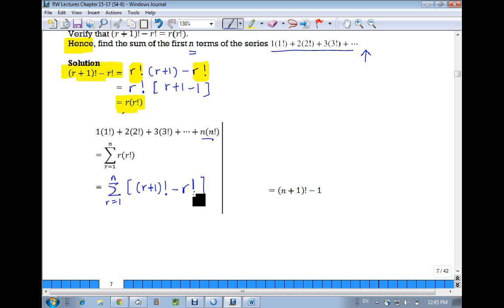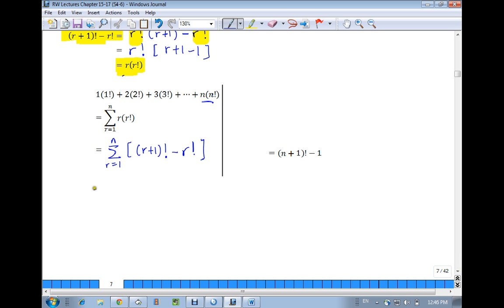If you are fast enough, you can write. No problem. Don't worry about it. You have 2 factorial minus 1 factorial plus 3 factorial minus 2 factorial plus 4 factorial minus 3 factorial. Don't forget the plus dot dot dot. I'm going to continue this side.